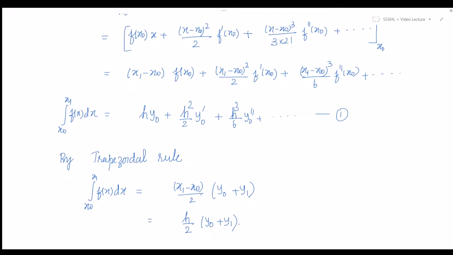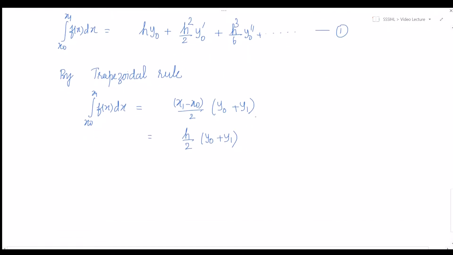Now let's try to get an expression for y1. Call this equation 2.